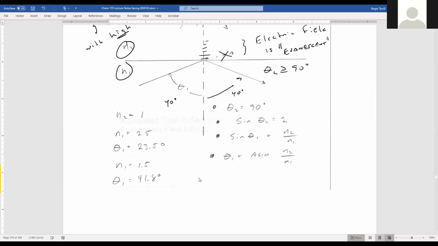And evanescent means vanishing, right? And it starts intense right at the surface, and then it gets weaker, right?